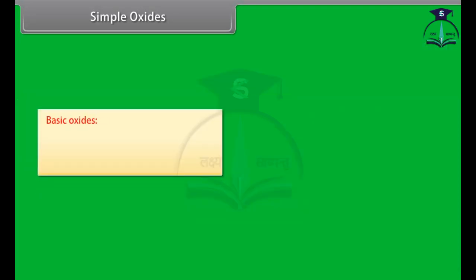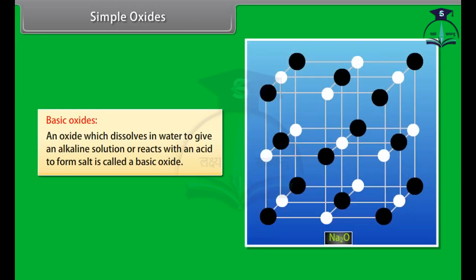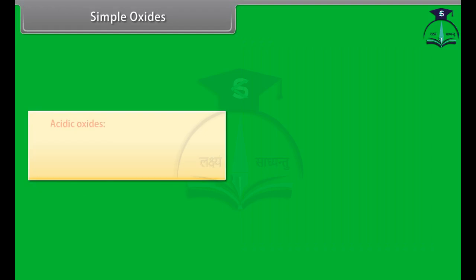Basic oxides. An oxide which dissolves in water to give an alkaline solution or reacts with an acid to form salt is called a basic oxide. For example, Na2O, K2O, MgO and CaO. Acidic oxides.